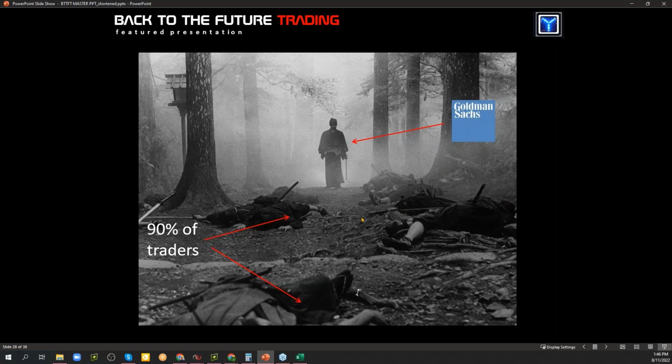Well, sometimes they do. You can get lucky. A monkey can make money if you give him a red button and a green button. And then Goldman Sachs, just walking away, having a good old time, nice and relaxed too. Notice how he's not even stressing? Let me get this out of here, it's distracting me.